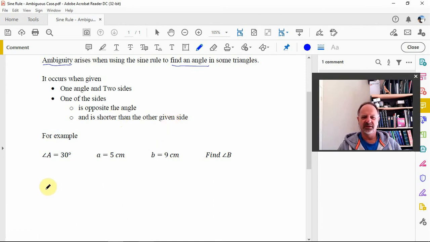So here's an example where that might be the case. We've got the angle at A is 30 degrees. We've got the side opposite A is 5 centimeters, and then the other side is 9 centimeters. So this one is shorter than that one. And then find the angle.